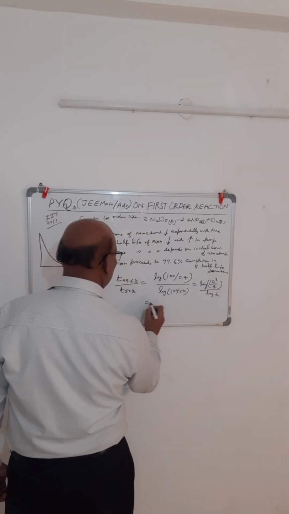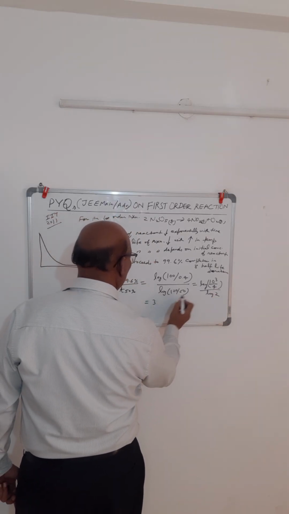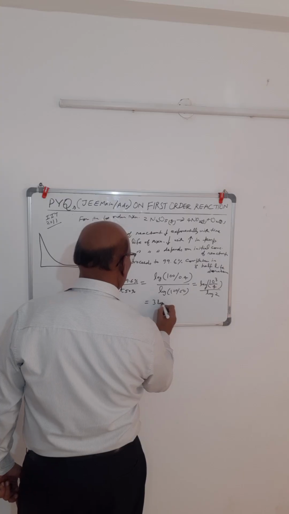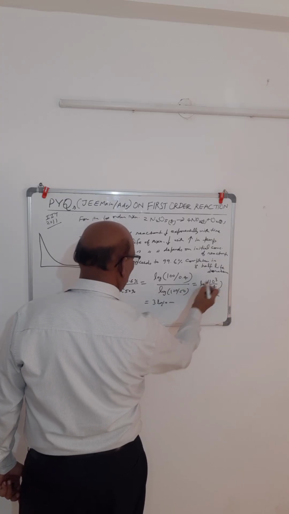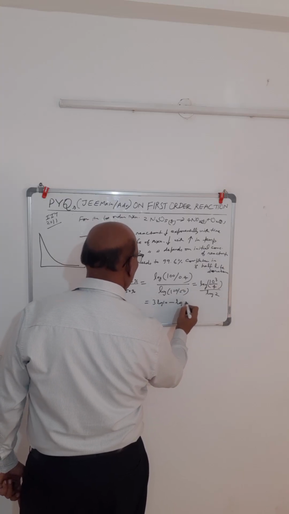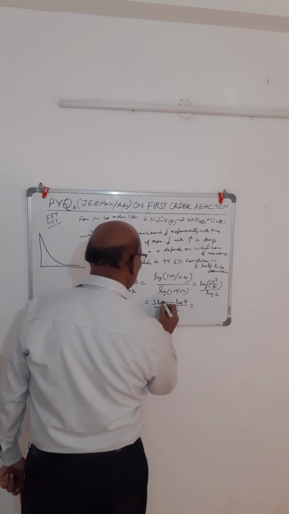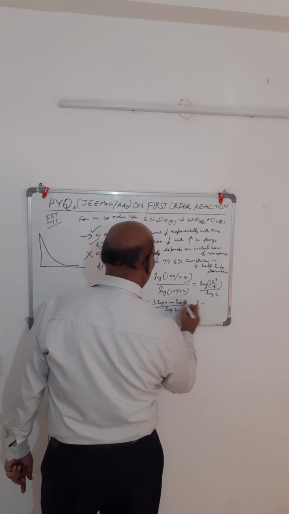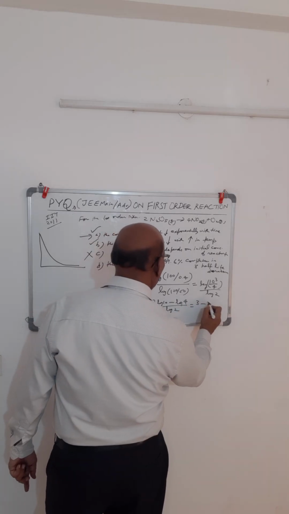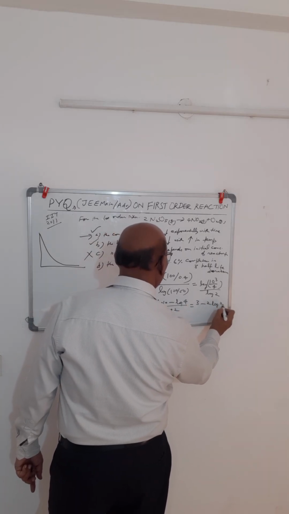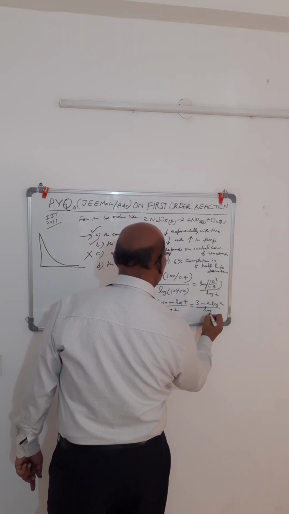Okay, so this I can write as 3 log 10 minus log of 4, divided by log 2. 3 log 10 is nothing but 3, minus log 4 is nothing but 2 log 2, divided by log 2.